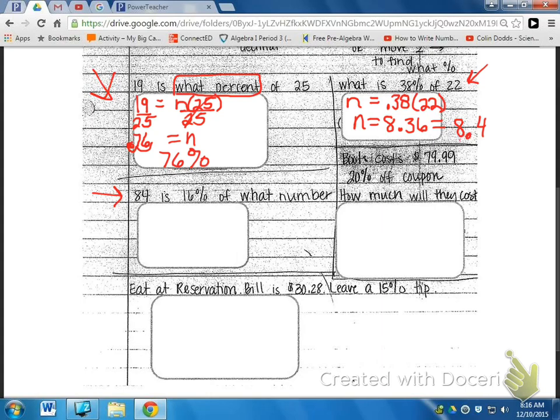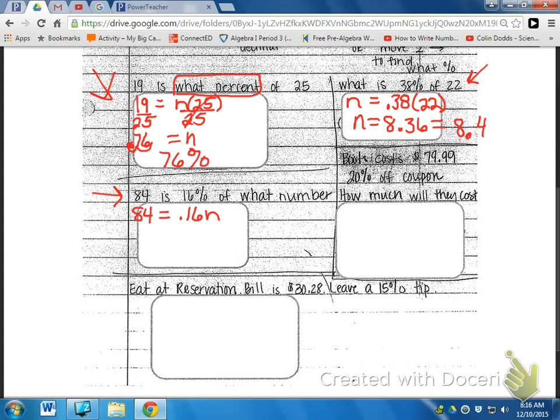Steven? So what do I write? 84 equals 0.16 times n. Right. So is equals, 16% as 0.16. Of is times. What number is n? So I wrote 0.16 times n.